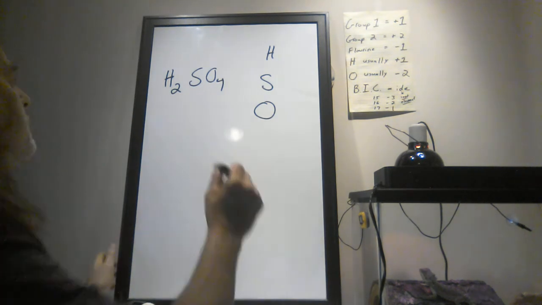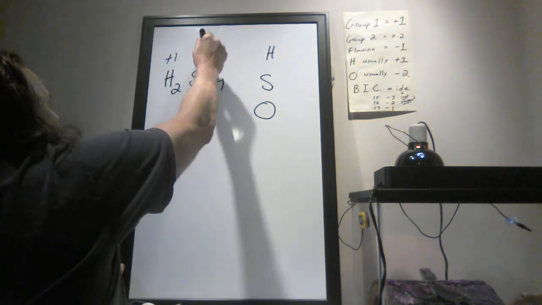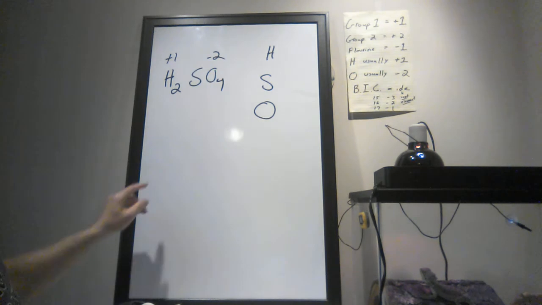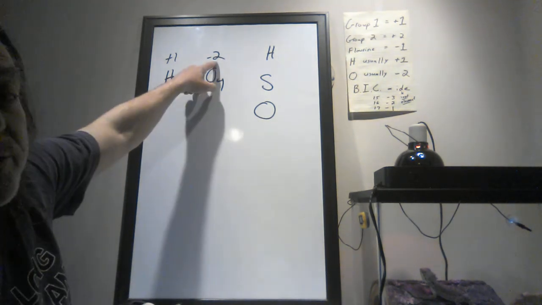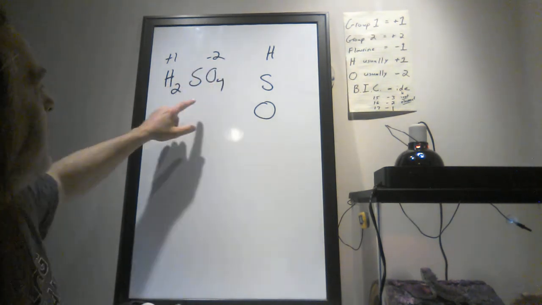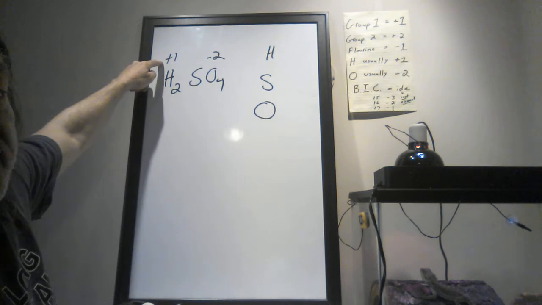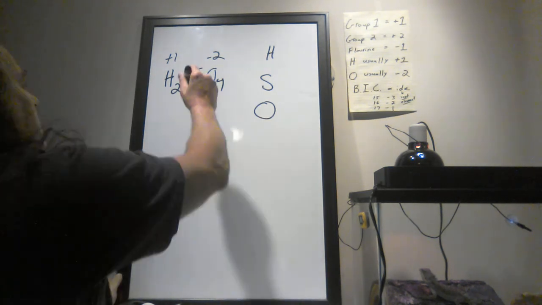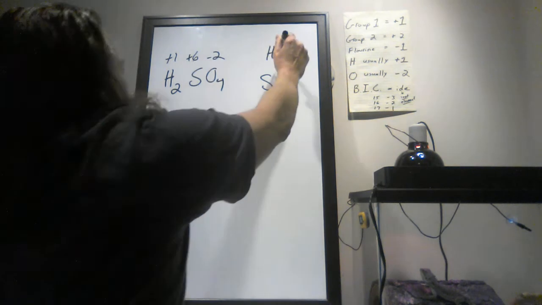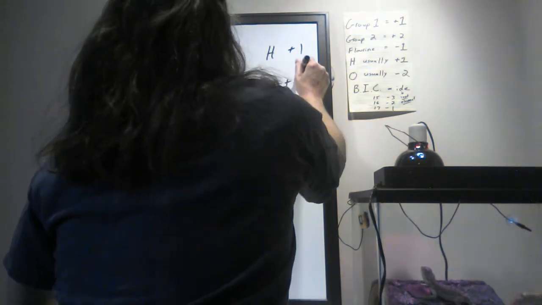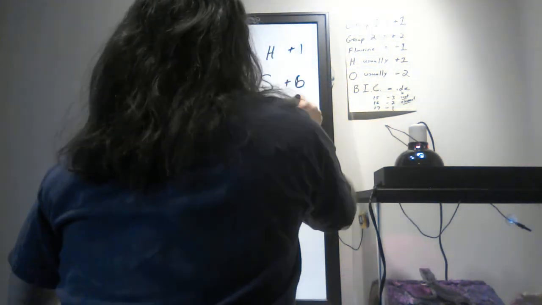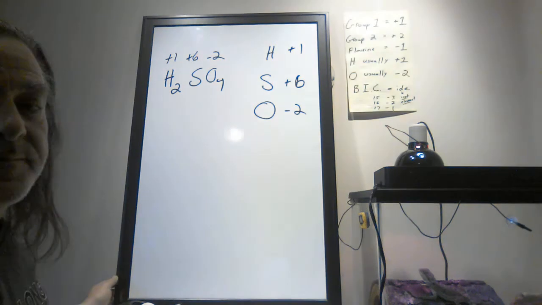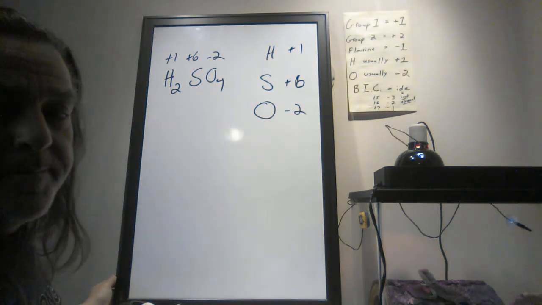But they have rules, so they go +1, -2. This is 4 times -2, so that's -8. This is 2 times +1, so that's +2. That means I'm missing 6, right? So that's +6. +1, +6, -2. Good?